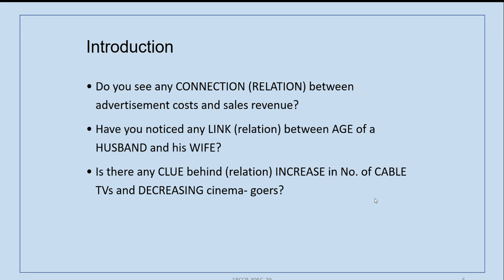So if you observe these, as per the marketing principles and economic principles, there is direct relation between the sales and the advertisement, and there is to some extent relation between the age of husband and age of his wife.